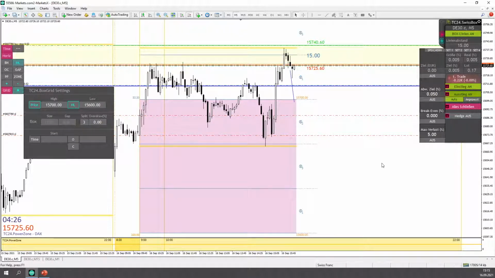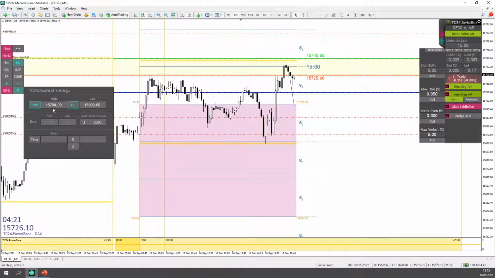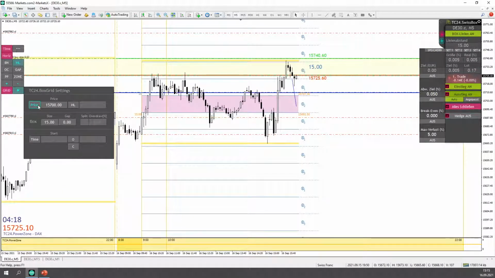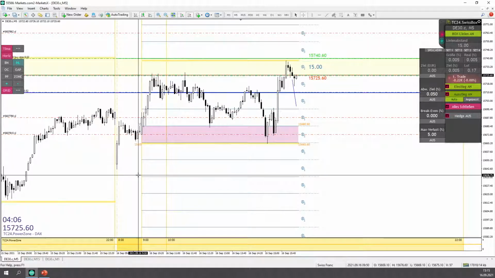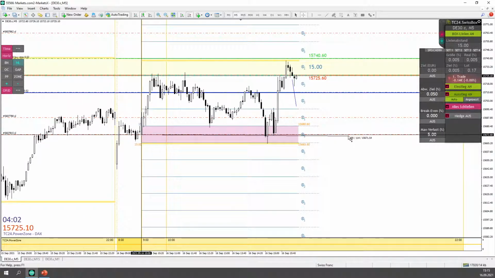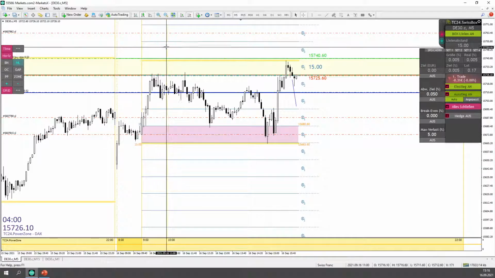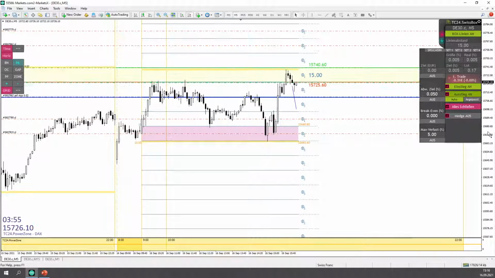So there are different types of positioning a grid, and if you're more advanced, some people use 4-hour candles for defining their grid towards the next trading session. But for me, it's enough to start with the opening price at 9 o'clock in the morning, using this as a reference point and then going up and down to place the boxes.